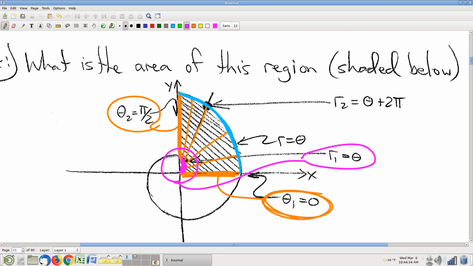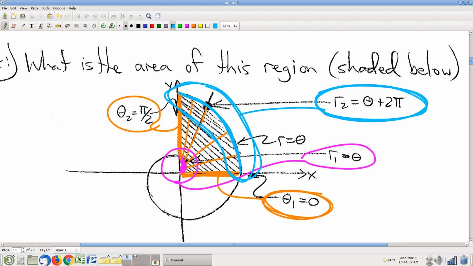And that's where that curve came from in the first place. But the upper bound curve isn't. This upper bound curve, there's a temptation to say, well, that's r equals theta too. But that's r equals theta when theta has been allowed to go an extra 2 pi around, an extra full trip around. Right? So for these lower values of theta, it's theta plus 2 pi.